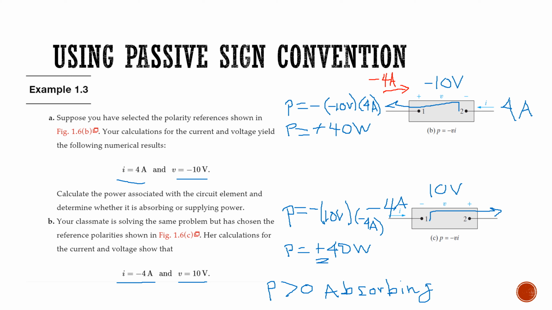And the equation for power is P equals V times I. So, which is equal to V, which is minus 10 volts, times I, which is minus 4 amps, which is equal to plus 40 watts.